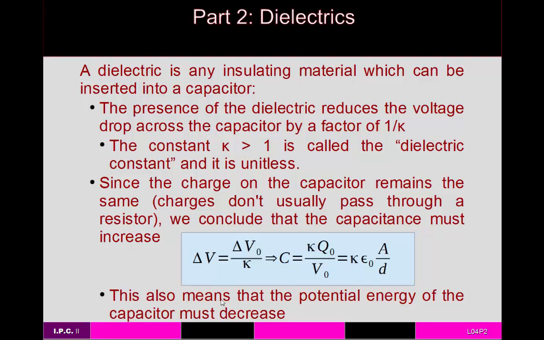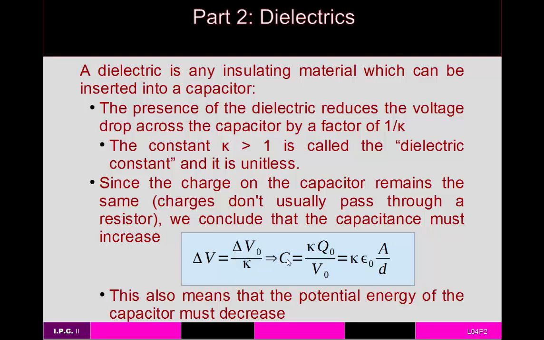The result of that, incidentally, is that the potential energy of the capacitor has to decrease. And you can see that by seeing that you're decreasing the potential, therefore you're decreasing the potential energy. Recall in any case that the potential energy is given by 1/2 of the capacitance times the change in voltage squared.